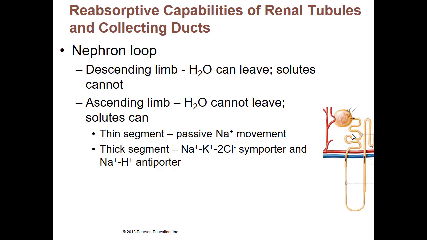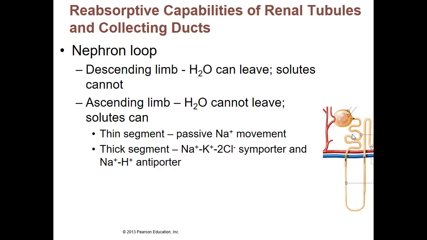They're called symporters. We're going to move them all together. We also have something known as a sodium hydrogen antiporter. Anti means against, which means we can pump sodium out and then we can pump hydrogen in. They go in opposite directions.